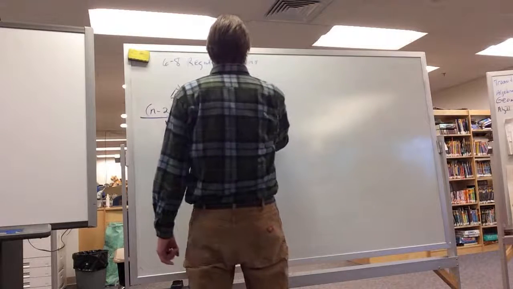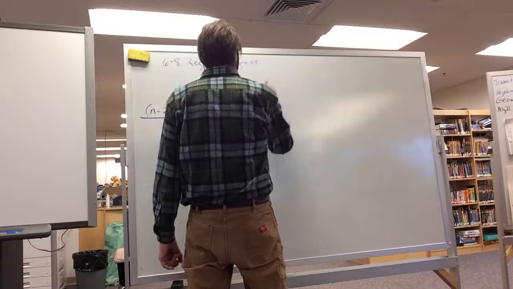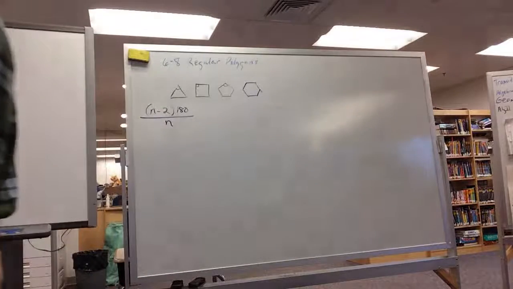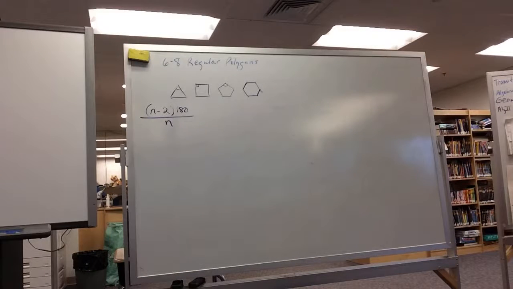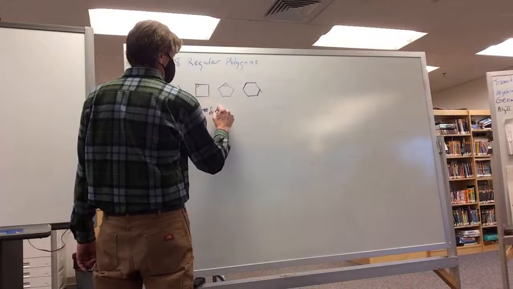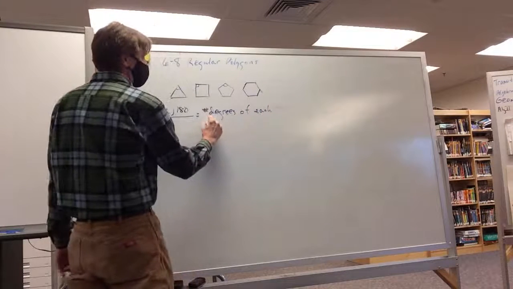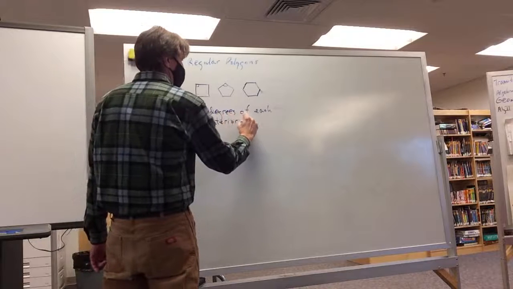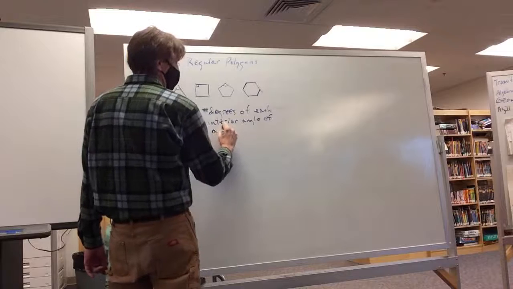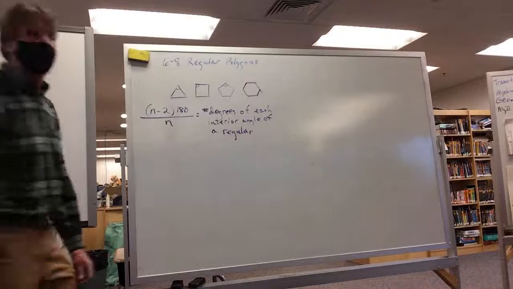So there's a regular 6-gon. What is that equation? This will be equal to the number of degrees of each interior angle of a regular n-gon.